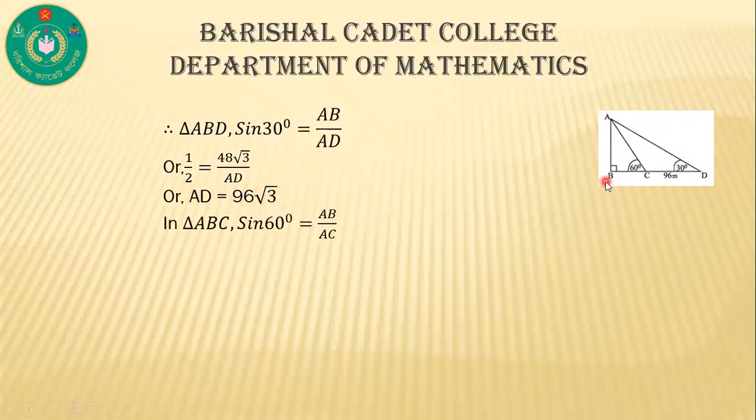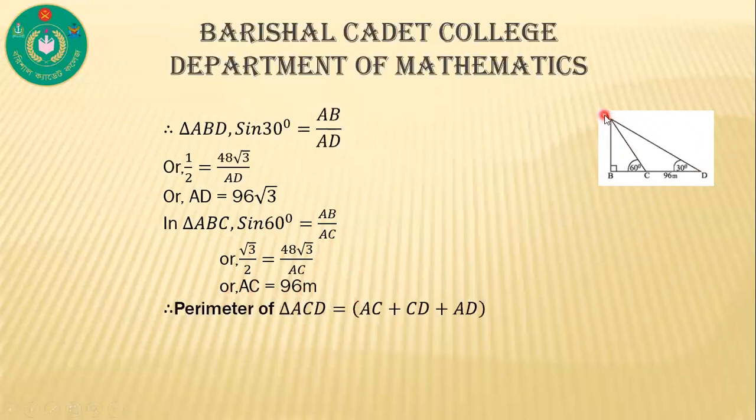In triangle ABC, consider this angle. That's why we can write sine 60 degree is equal to perpendicular by hypotenuse. Here perpendicular AB and hypotenuse AC. That's why we can write sine 60 degree is equal to AB by AC. Or we know sine 60 degree is equal to root 3 by 2 is equal to 48 root 3 by AC, or AC is equal to 96 meter.